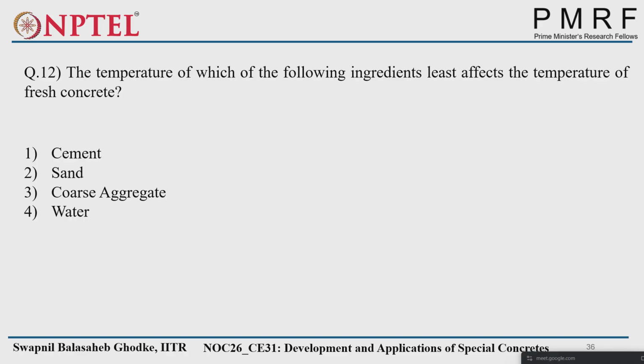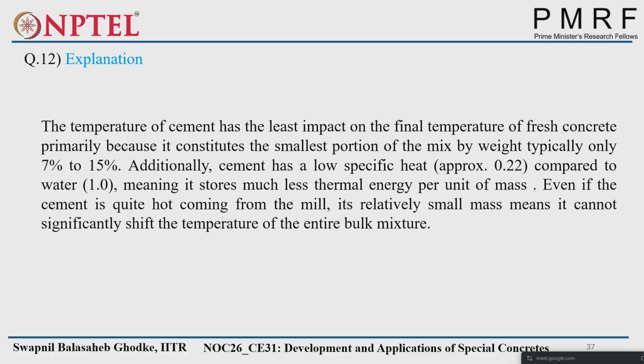In this question we all will get confused, because we always thought that cement is the higher temperature generating constituent of the concrete, but it is the least one. Why? We'll see. The temperature of cement has the least impact on the final temperature of fresh concrete, primarily because it is a smaller portion of the mix by weight, typically only 7 to 15%, while coarse aggregate will have 60 to 75%.